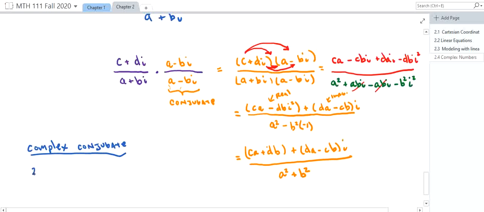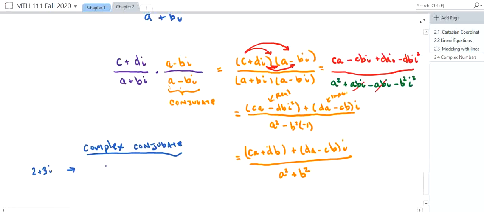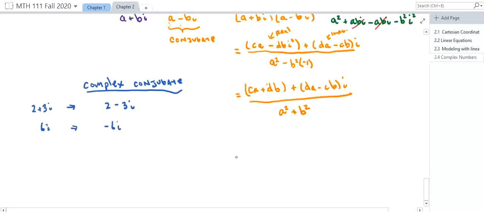So you have 2 plus 3i, the complex conjugate is 2 minus 3i, just that simple. If you have 6i, just an imaginary number by itself, the complex conjugate is minus 6i. So on and so forth. Do one more. 1 minus 4i yields 1 plus 4i as the complex conjugate.